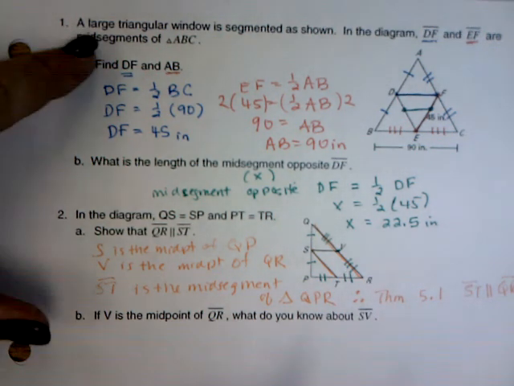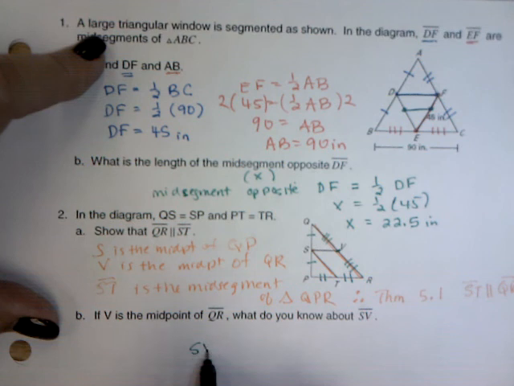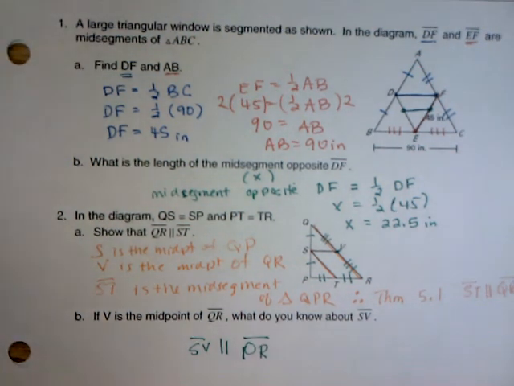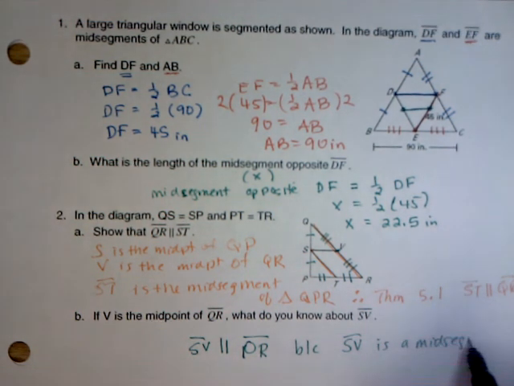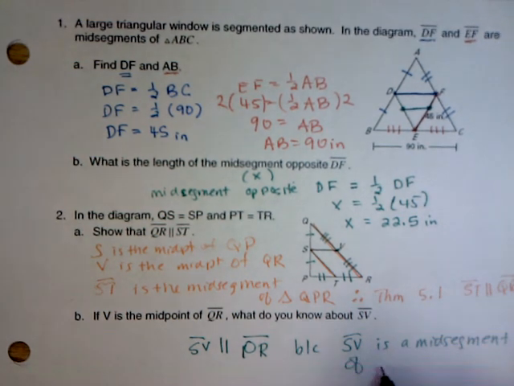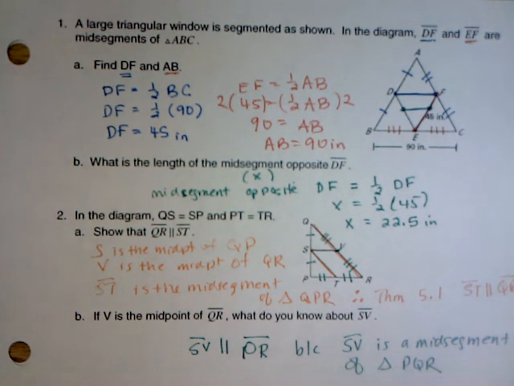So therefore, SV is going to be parallel to PR. Sorry, I got my letters mixed up. SV is going to be parallel to PR based on the fact that SV is now a mid-segment. Questions about that?